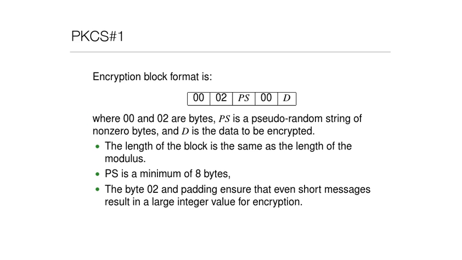So this is how PKCS1 works. What it does is first add 00 byte, and in the second place 02 byte, then PS is the pseudo random string, then a 00 byte again, and then D is the data to be encrypted. So this is the padding scheme. The first 00, 02 are fixed, then we have a pseudo random string, and then we have 00.